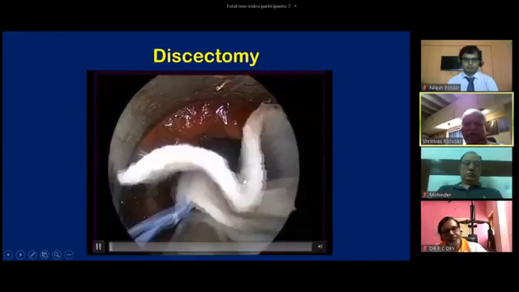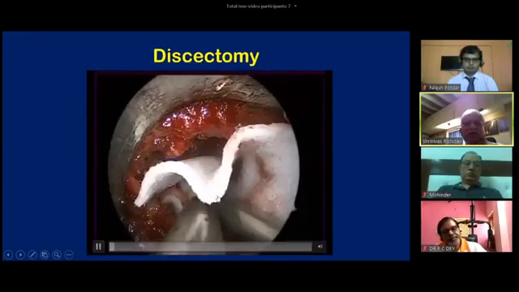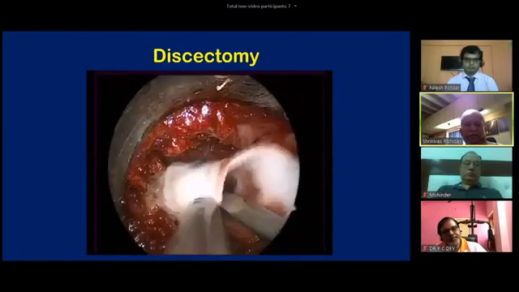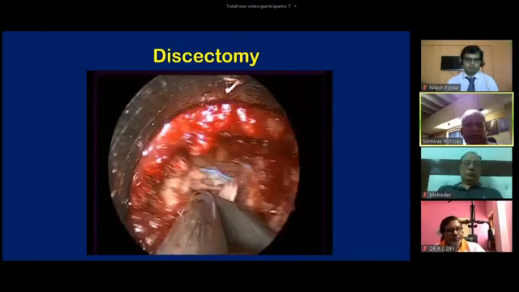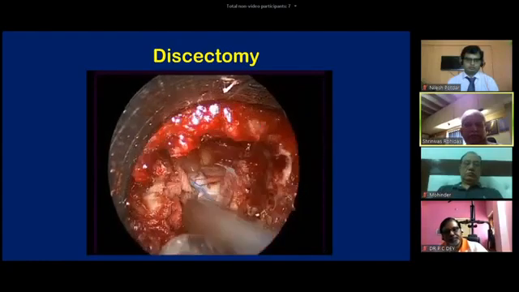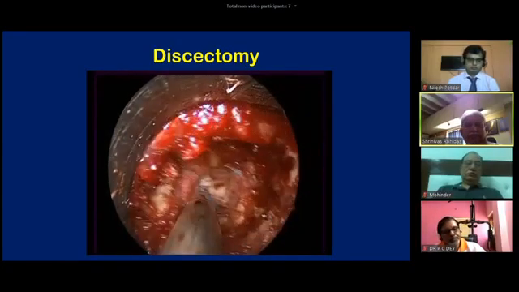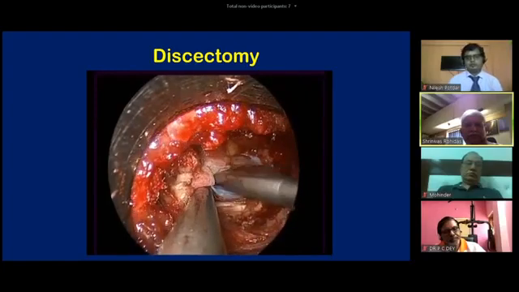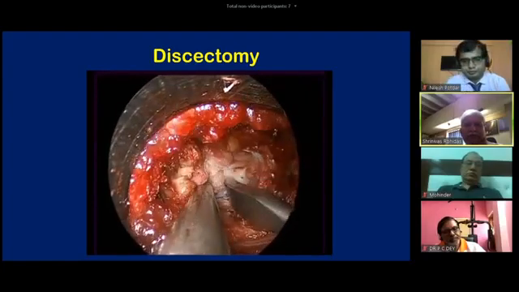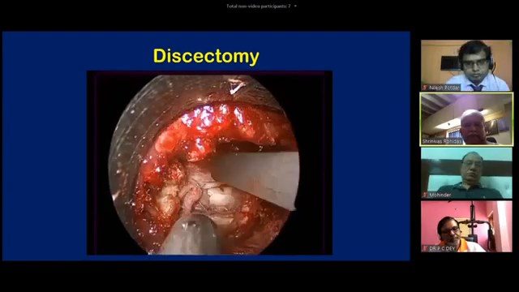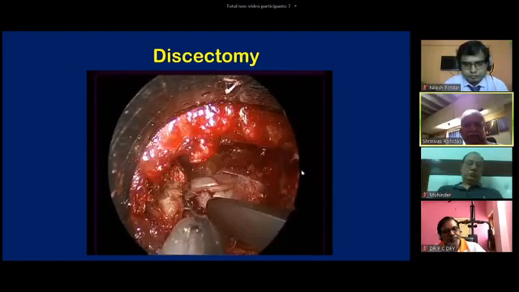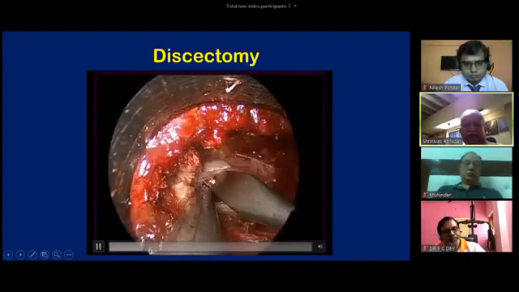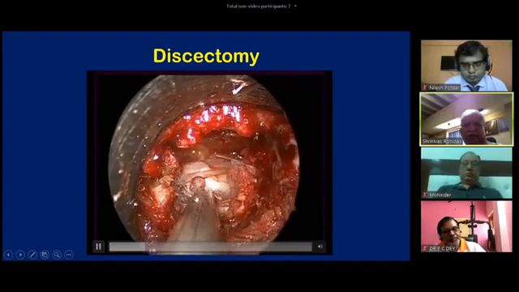Now we have used a cottonoid to retract the root medially. This is the caudal cottonoid. Now you can appreciate this is the traversing root and this is the area of the annular tear.